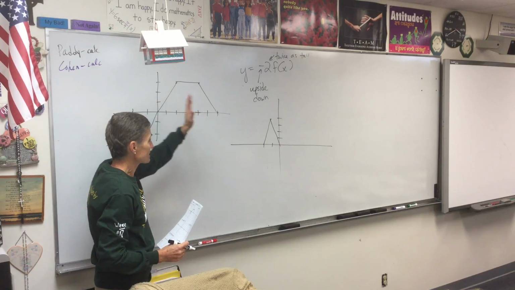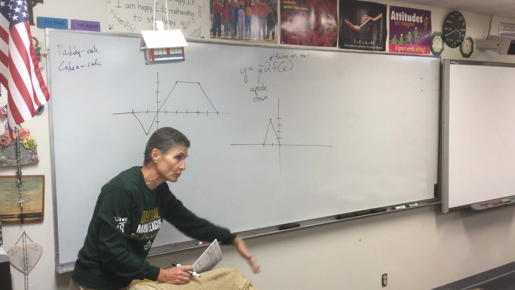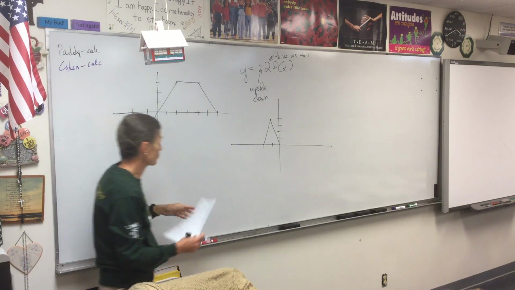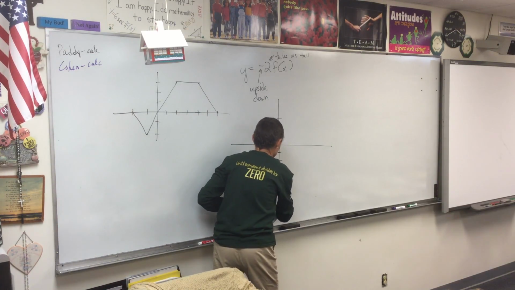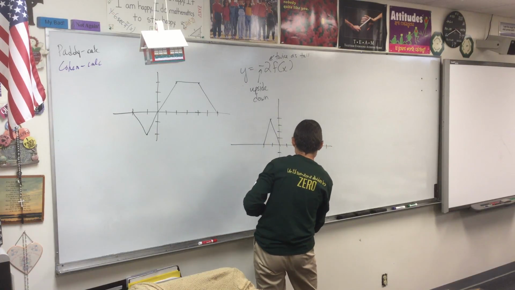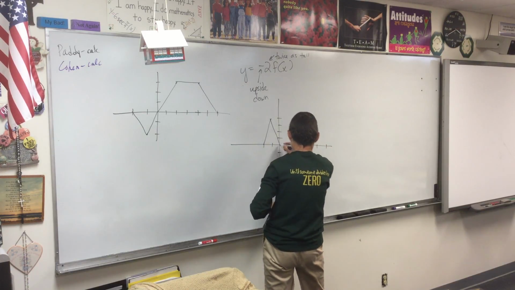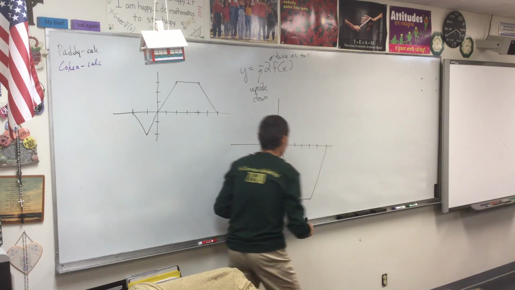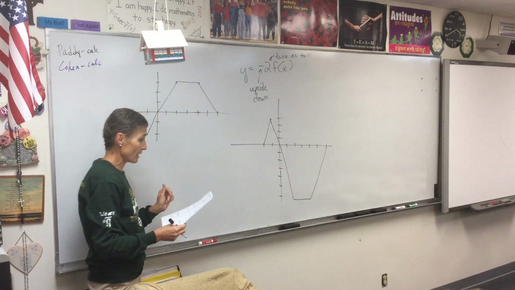This guy is now going down. He's going to be underneath now. And instead of being 3 tall, he's going to be 6. So here we go. There is a picture for A.